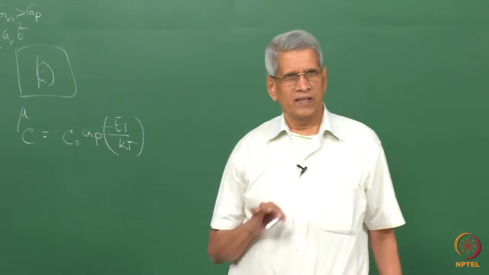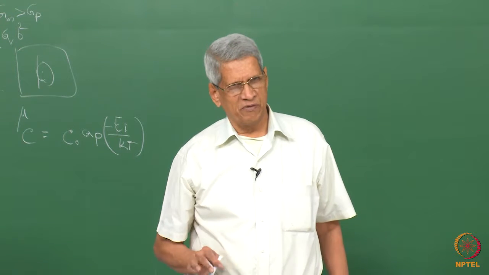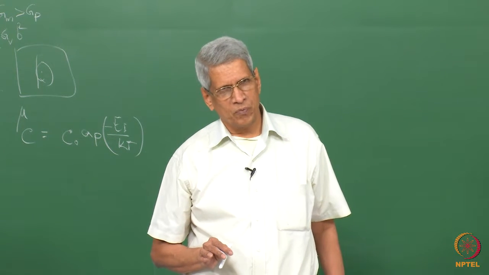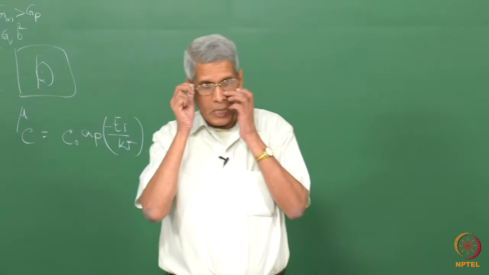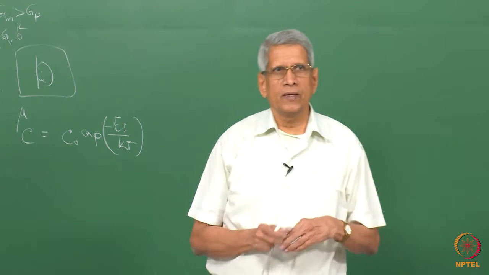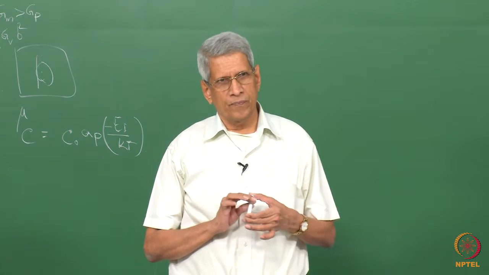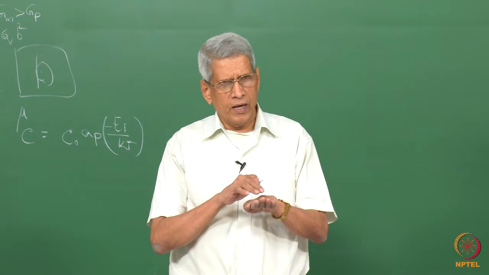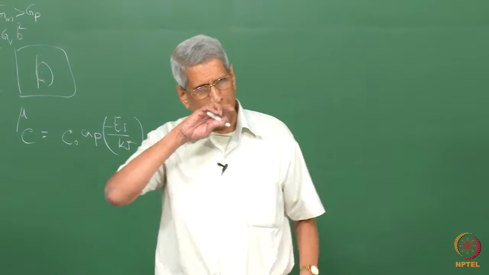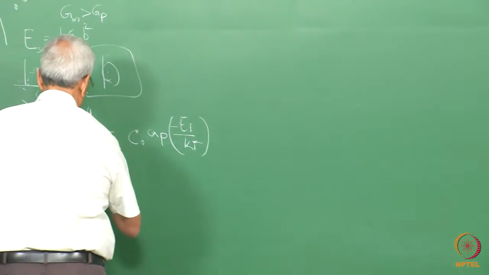This effect, in metallurgy parlance, is called the static strain aging effect. What is the static strain aging effect? It is quite simple. Suppose I am doing a mechanical test of a sample, an alloy, and I look at the stress-strain plot.